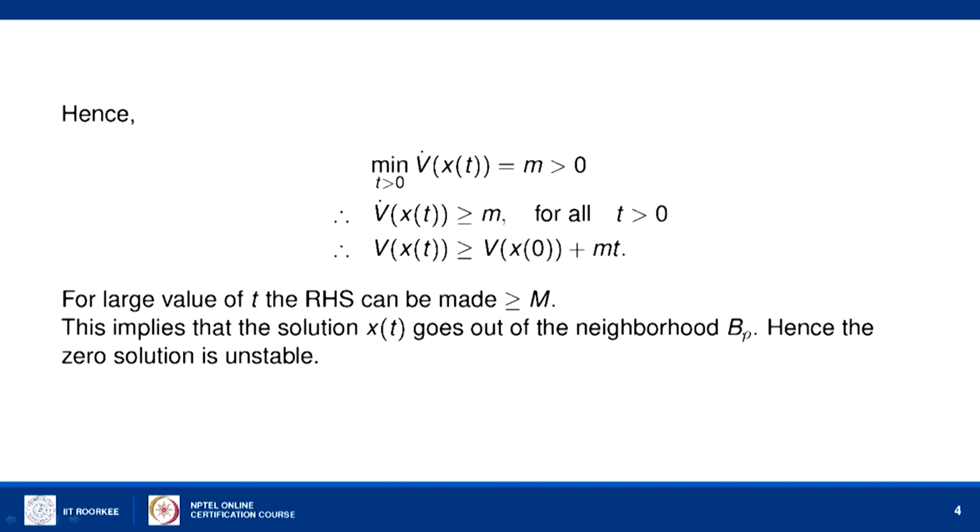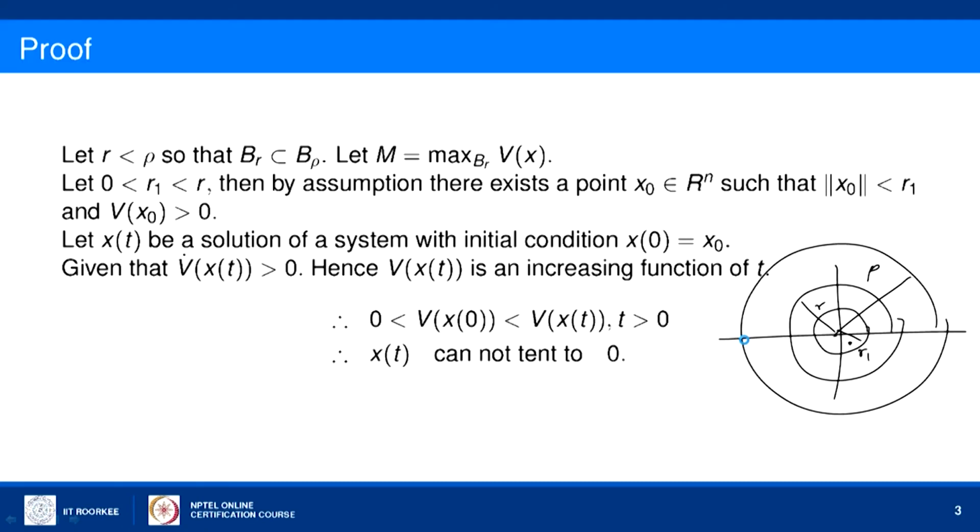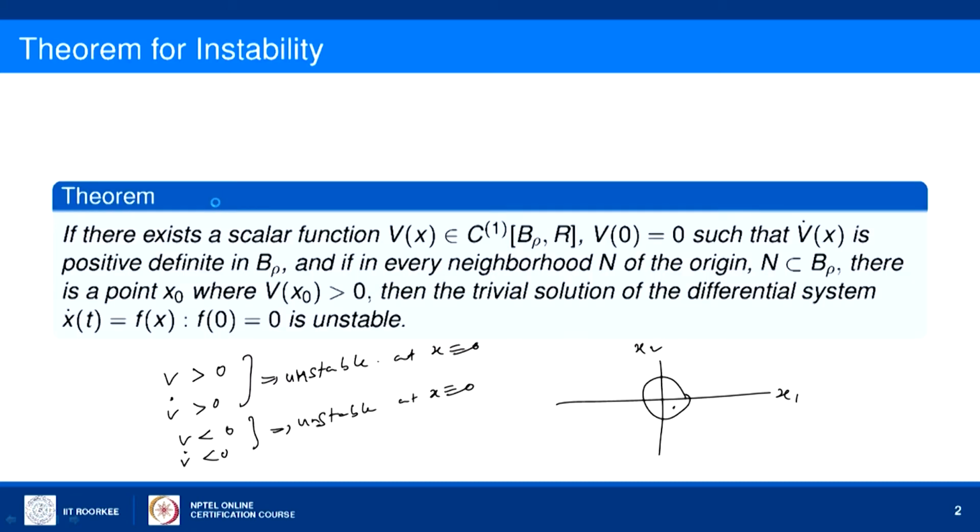It is not rho actually, so it should be corrected, it is B r. Hence, the system is unstable, that is, starting from an initial condition, the solution goes out of the ball, whatever ball of radius r we are selecting, it will be going out of that one. So the system is unstable because of the condition given here.